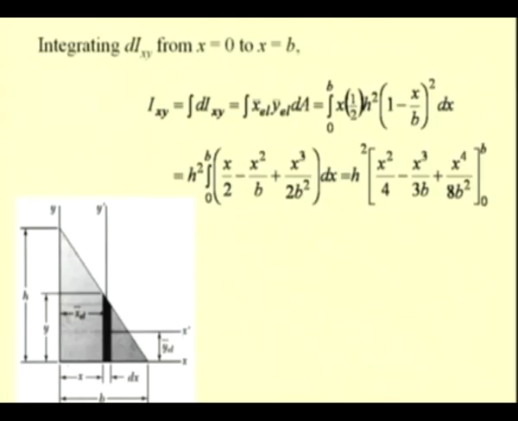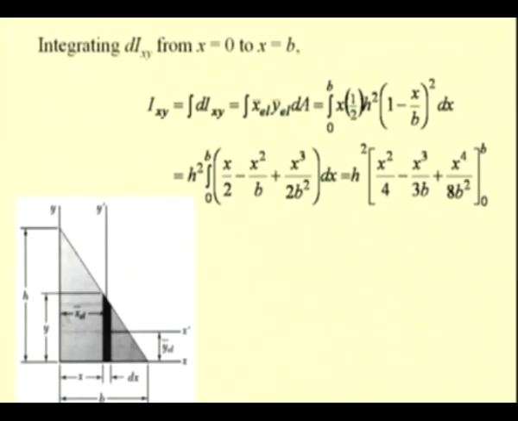X bar element is x itself, y bar element is y by 2, which gives half of h square into 1 minus x by b whole square dx.